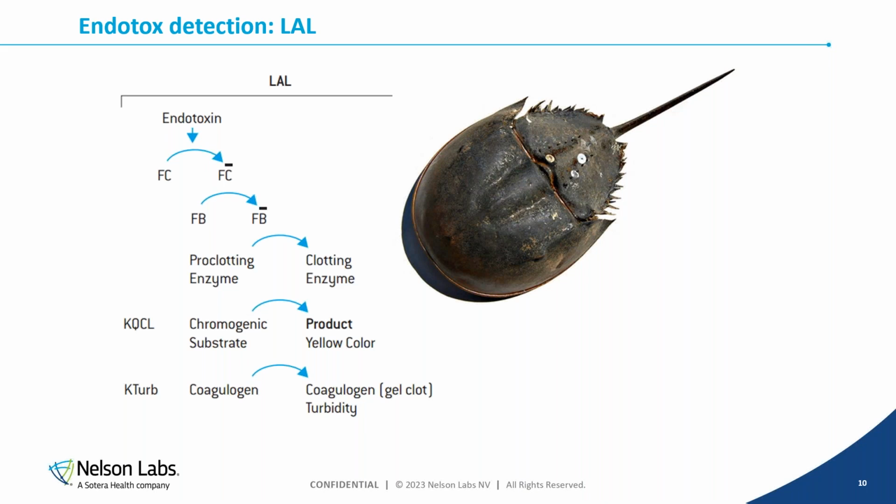It has a very primitive immune system. When it's being infested by gram-negative bacteria, blood forms a clot, and it prevents the infection from spreading throughout the body of the crab. And endotoxins activate what is called factor C.